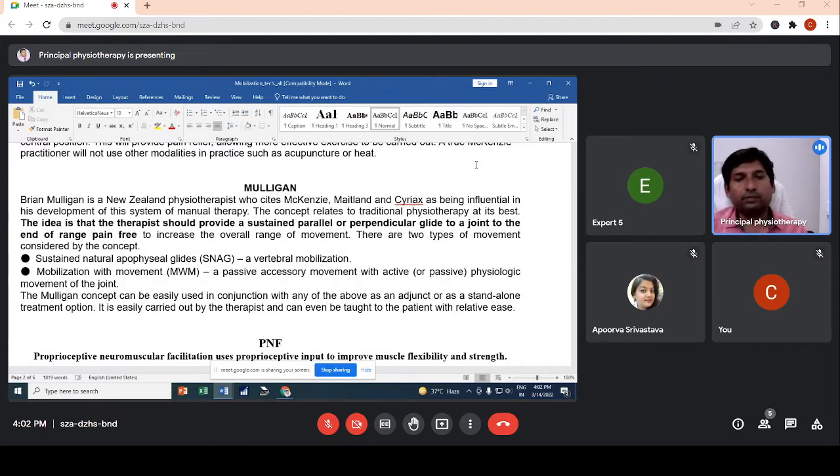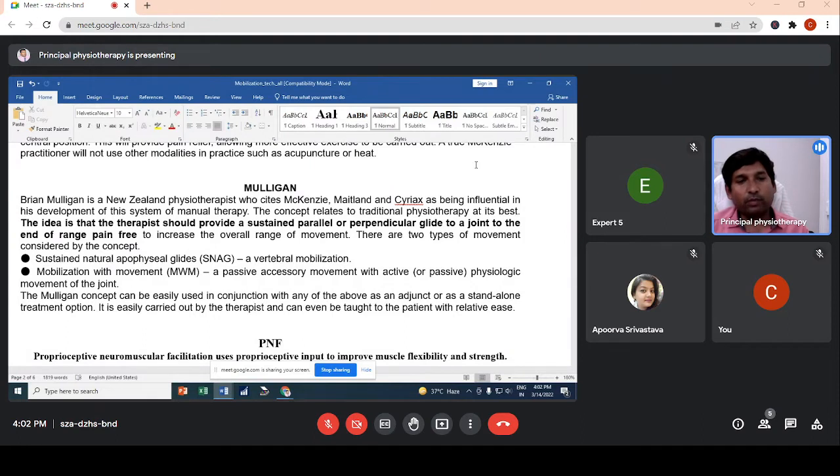Basically SNAG we provide in case of vertebral mobilization, spine mobilization. It is very effective in cervical spondylitis and also in chronic prolapsed intervertebral disc conditions.